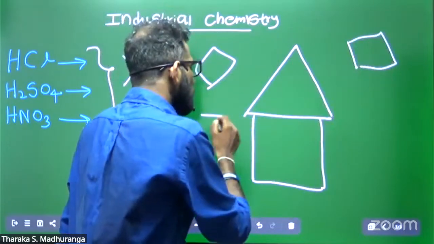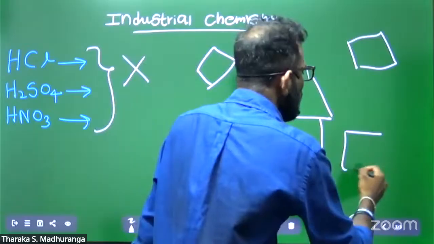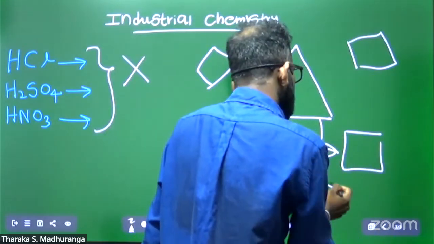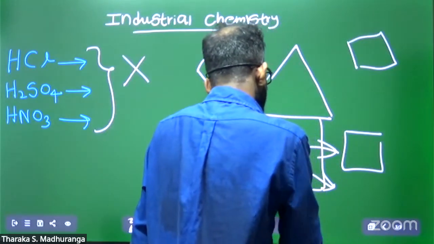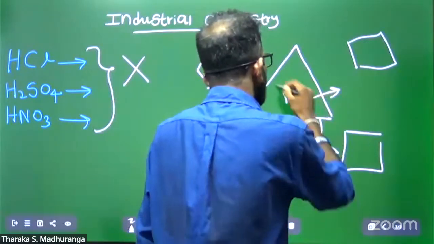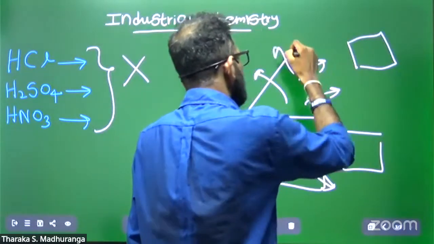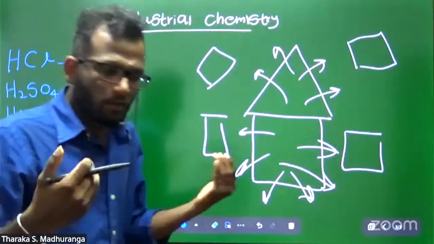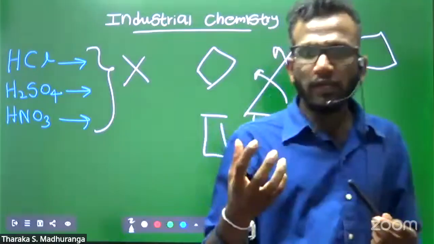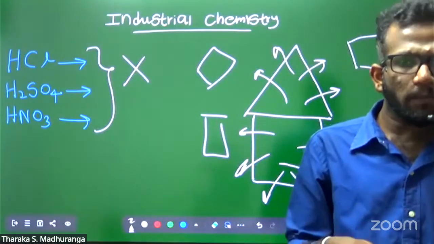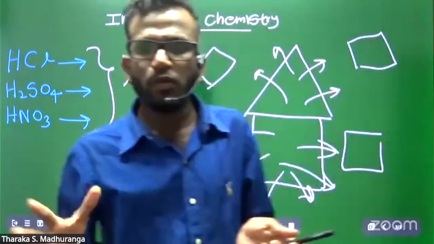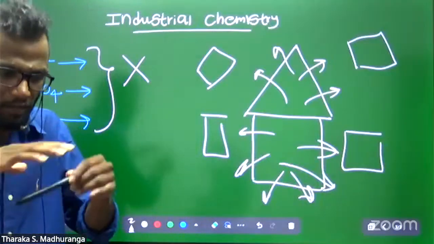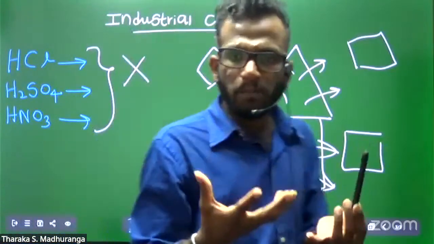If it is a high population area and there is any exhaust or waste containing even a very minimum amount of acid, it can cause huge damage to the environment and the surrounding population.